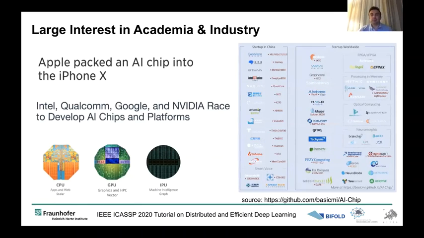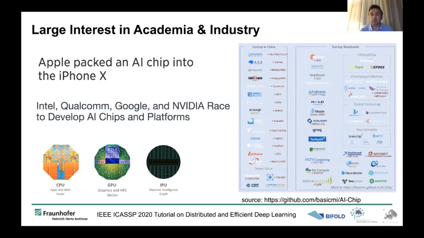Another issue, which is even more important for execution on embedded devices, is the integration of common architectures with some special chips. So industry and startups are designing accelerators for deep learning.